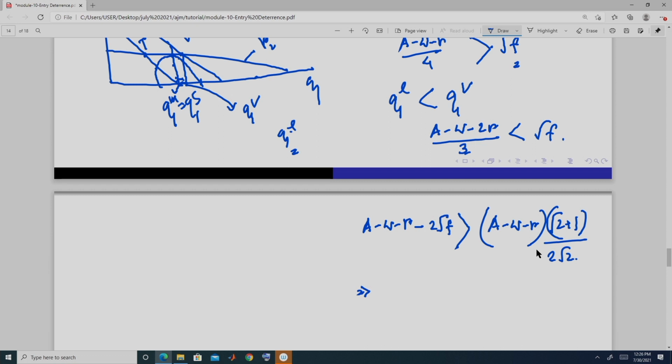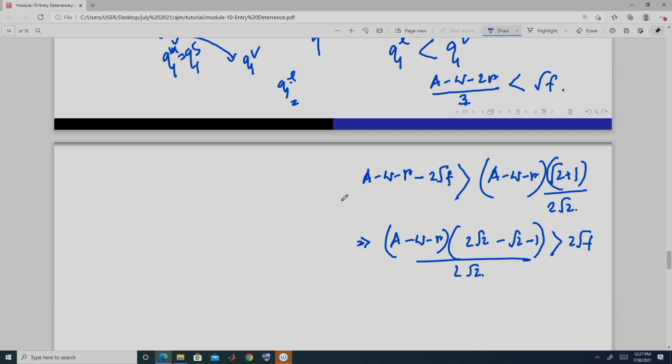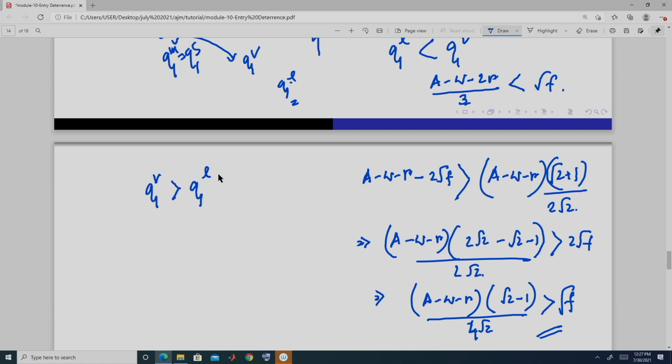Now, if we take this here, if we take this and we get this thing, and at the same time we require Q1V to be greater than Q1L.